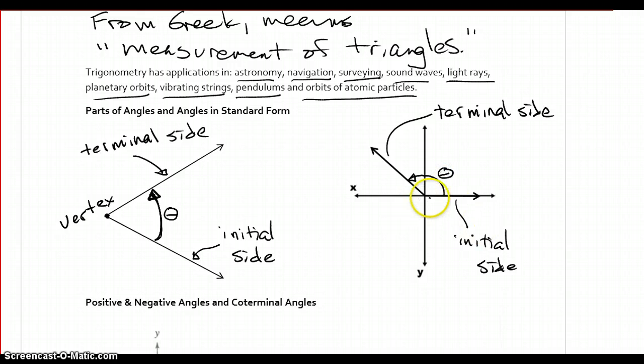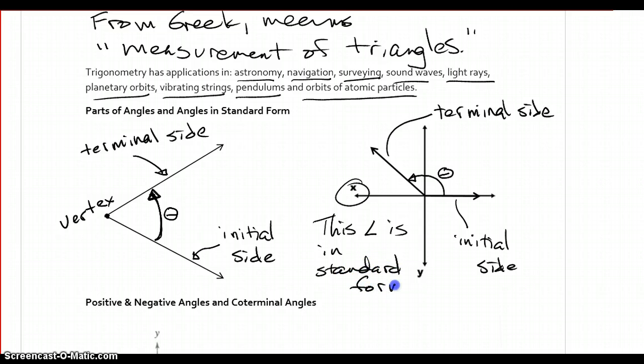Now if you notice, the initial side is on the x-axis. When we put the initial side on the x-axis and its endpoint on the origin, we say that the angle is in standard form. So this angle is in standard form.